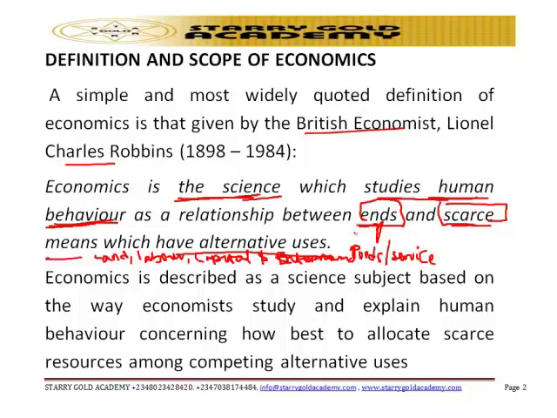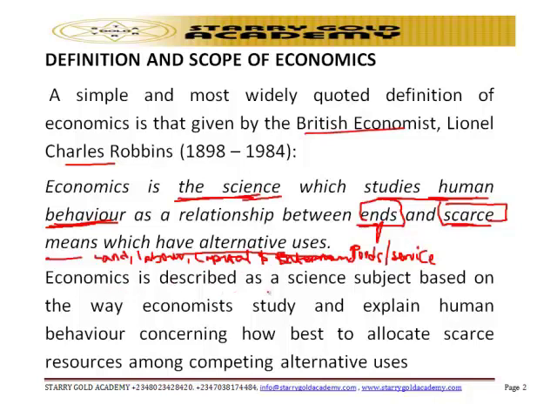Like I explained, the ends have to do with the wants of human beings, which refers to goods or services, while the means refers to productive resources, otherwise known as factors of production, which include land, labor, capital, and entrepreneur.